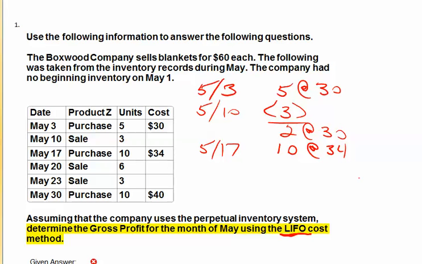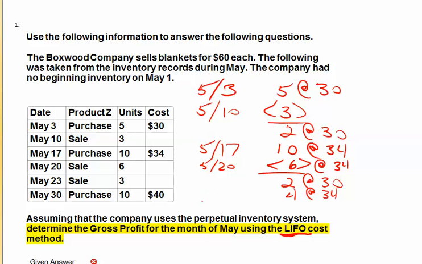So my inventory as of May 17th, I have 2 units still at 30 and 10 units at 34. Next, I'm going to sell 6 units on May 20th. That's going to be at the cost of 34, right? So remaining, I have 2 at 30, and I have 4 at 34.